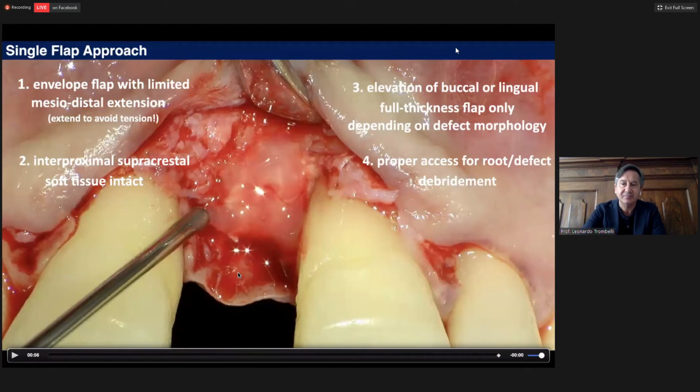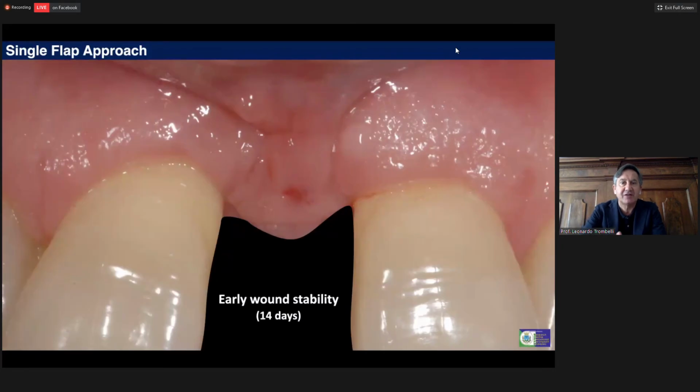Here you see the condition after 14 days. You see the fantastic early wound stability. You can hardly see the incision line. You see the sign of the suture. And this is the early wound stability, which we just have to follow with conditions for tissue maturation with the proper supportive therapy.